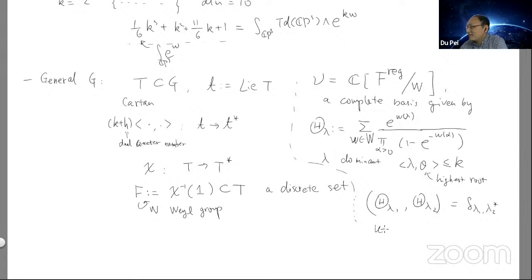And then you further have a unit that's given by the constant function, or equivalently viewed as the character corresponding to lambda equal to 0.